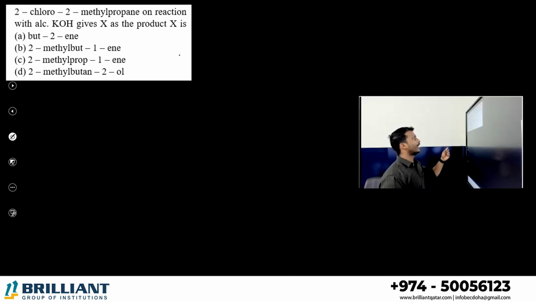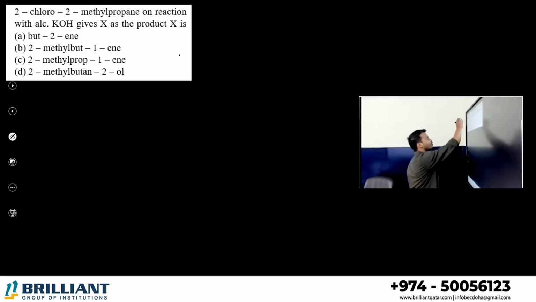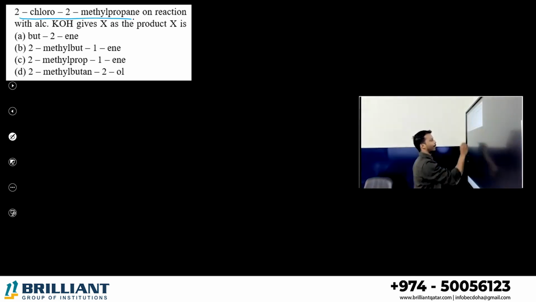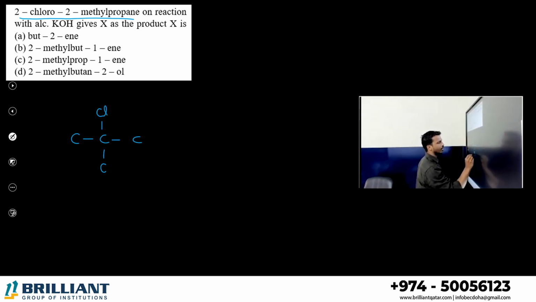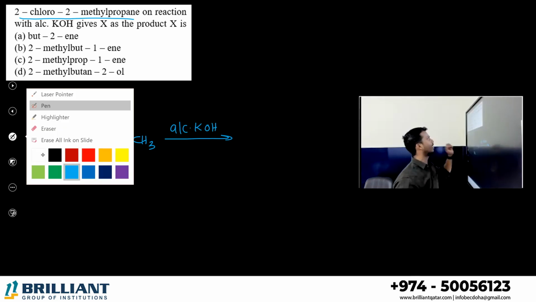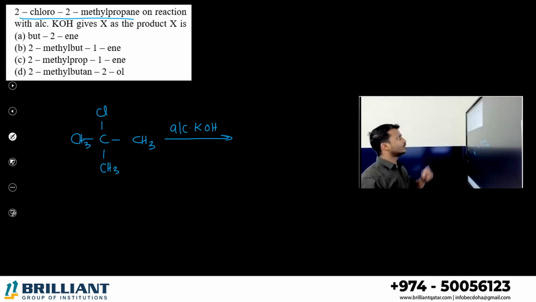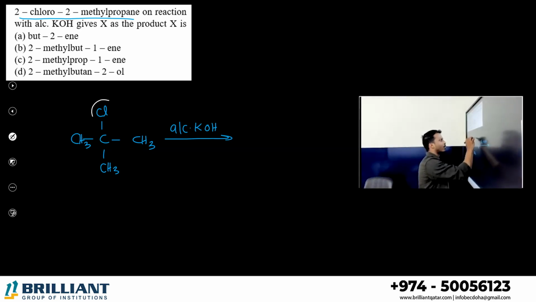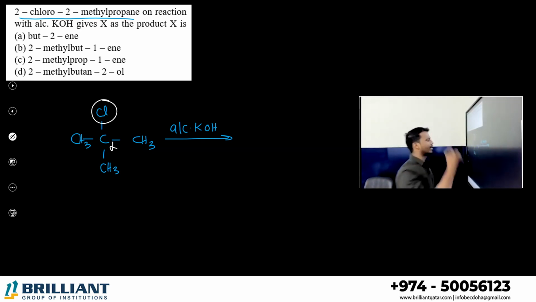2-chloro-2-methylpropane on reaction again with alcoholic KOH. So this is a series of questions related to beta elimination. Let me take the compound, 2-chloro-2-methylpropane, on reaction with alcoholic KOH. Let's carry out beta elimination again, which gives X as the product. What is X? Take chlorine from the alpha carbon atom.